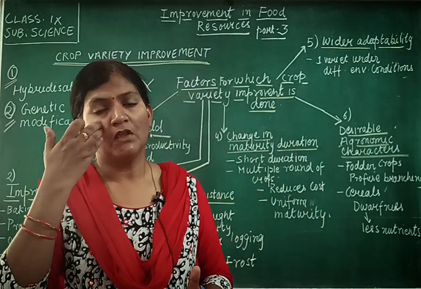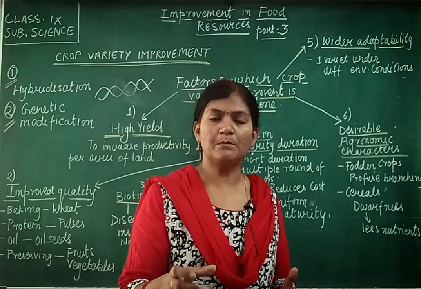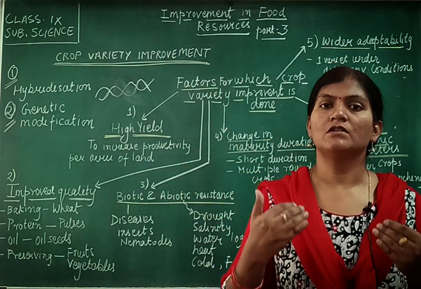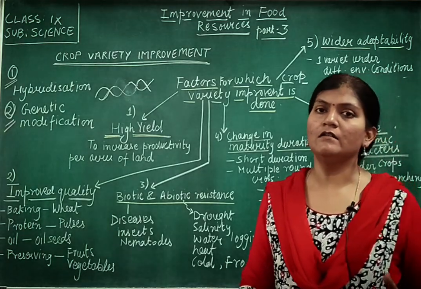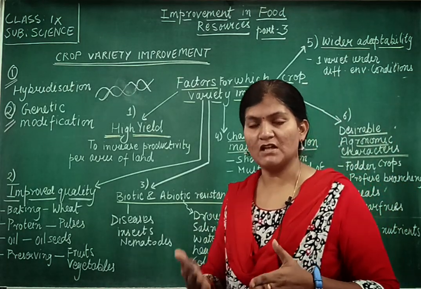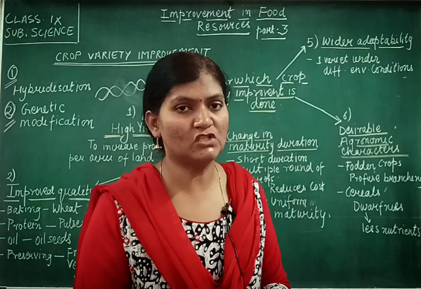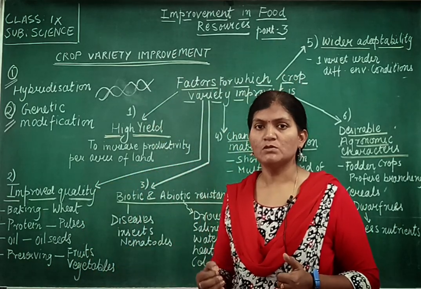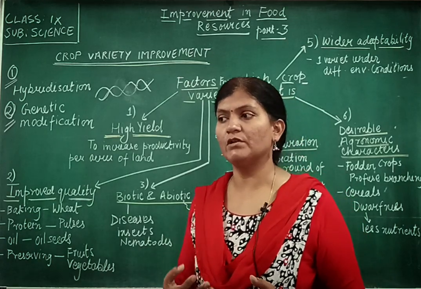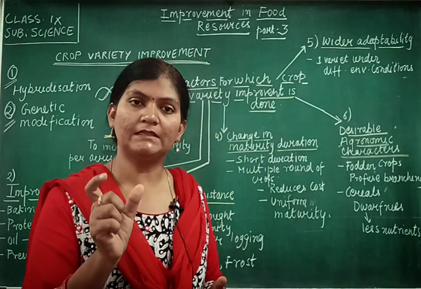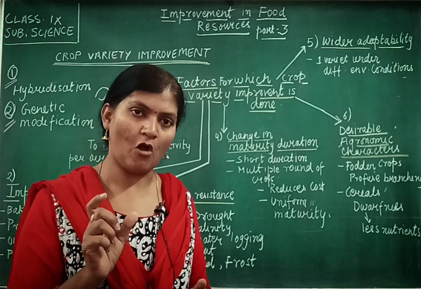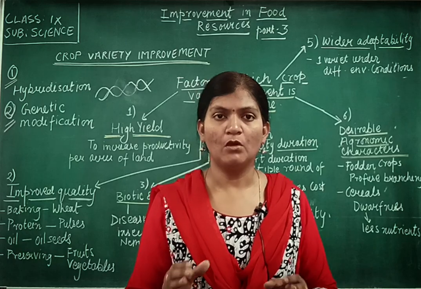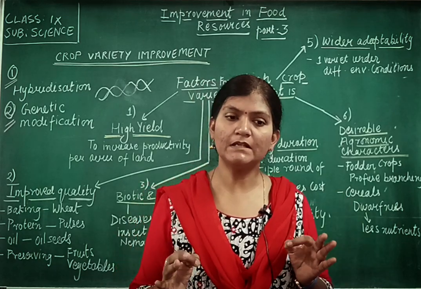This gene is very important because all the characters in our body are transferred with the help of genes. They carry all the characters in our body. So whatever character we want to introduce, we take that gene and introduce it into the crop where we want the desirable character.